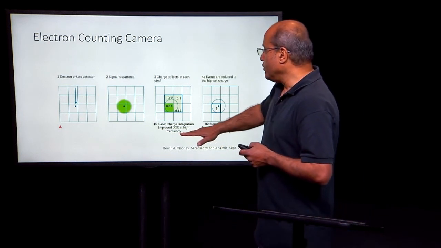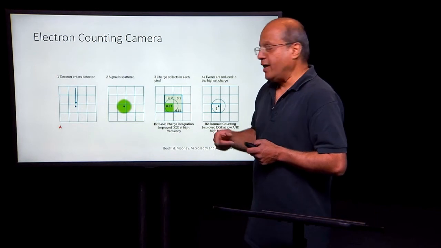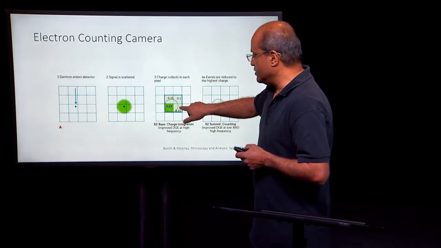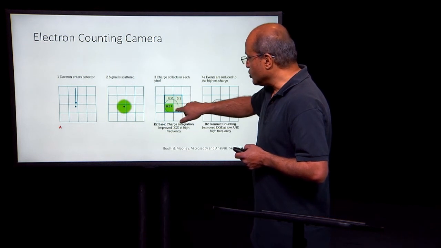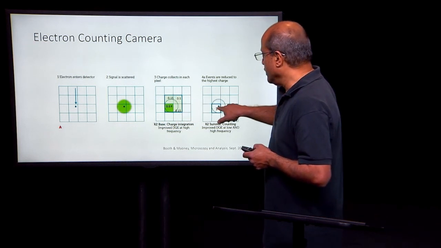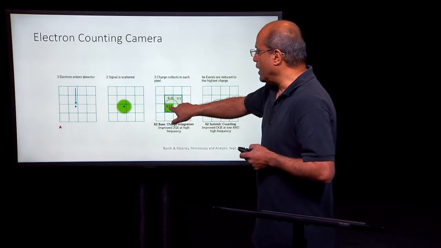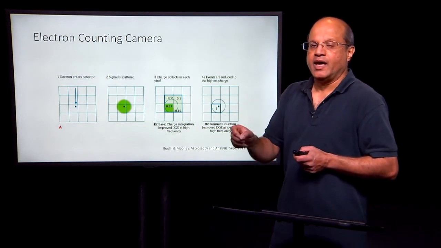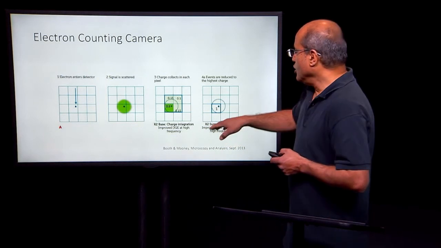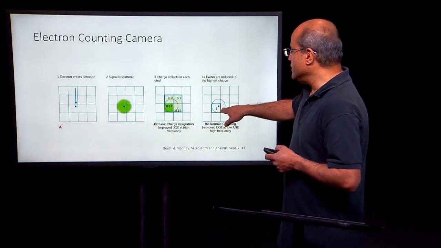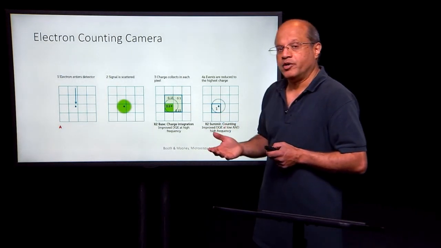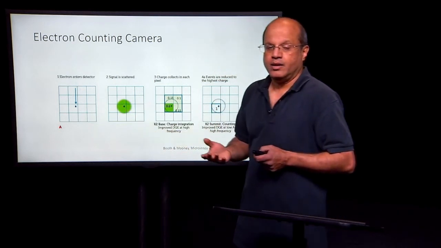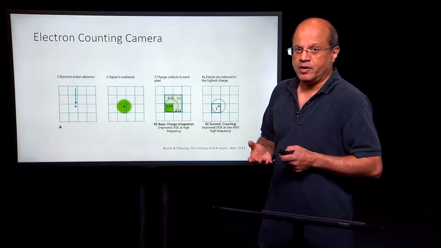In more modern versions of the camera, there's an underlying algorithm which detects the amount of charge in all of the pixels and then collects all that charge and associates it with the pixel that has the highest charge in it. The assumption being that's the pixel that the electron actually hit. So what you end up with is an image that is much sharper than the image that you get with the fiber optic camera.